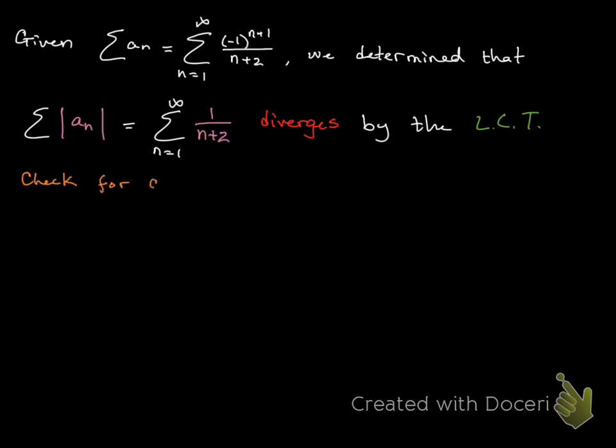Now what we have to do is check for conditional convergence. So we look at the sum of a sub n, the original series, to determine if it converges. Remember, conditional convergence is when the original series converges but the absolute value diverges.